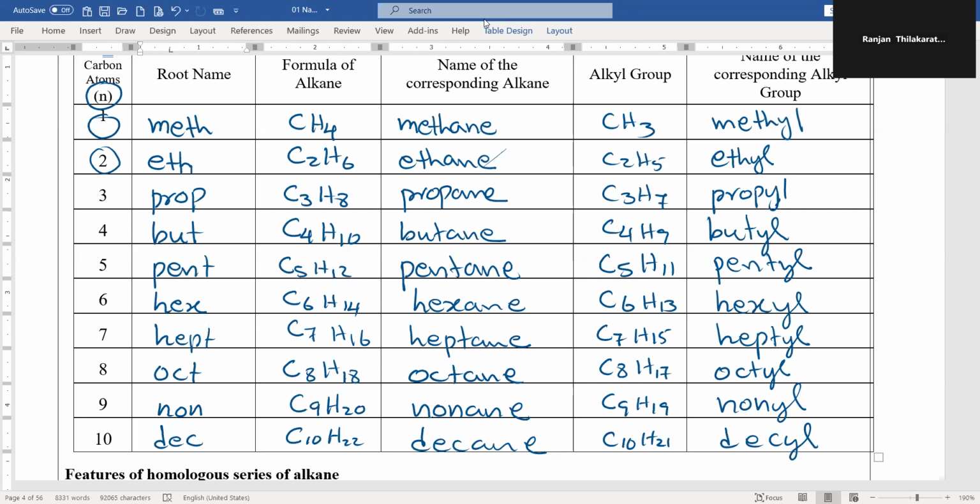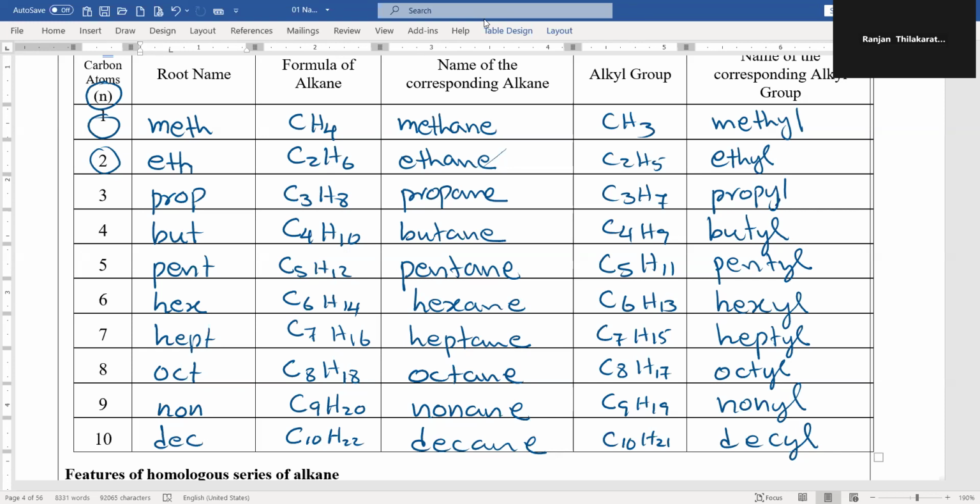Mainly what you need to know is the root name, depending on the number of carbon, and how to get the root name. 1 carbon meth, 2 carbon eth, 3 prop, 4 but, 5 pent, 6 hex, 7 hept, 8 oct, 9 non, and 10 dec.